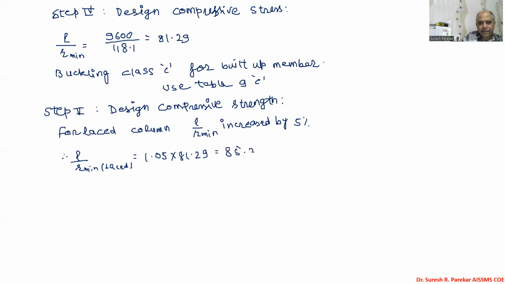Now we have KL upon R 80 and 90, and the value of FCD we have to find from table 9C, page number 42.